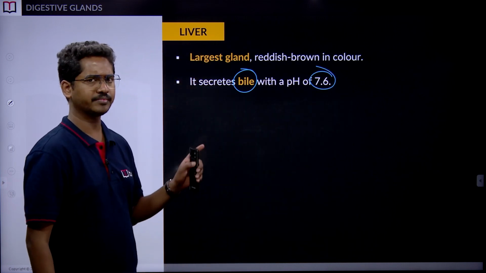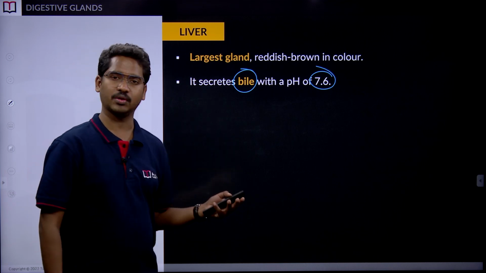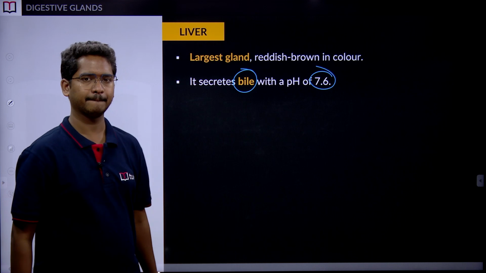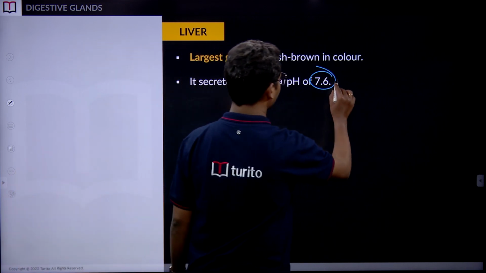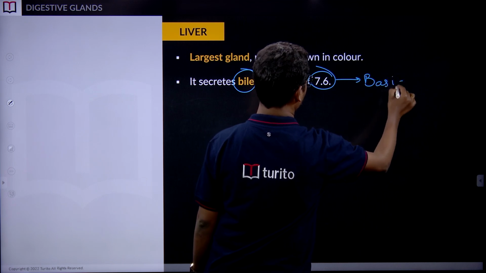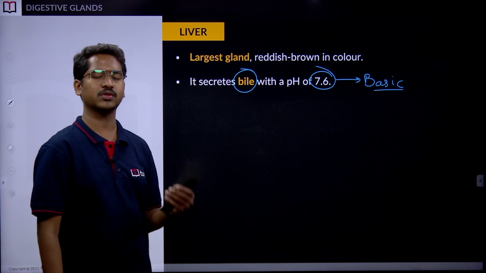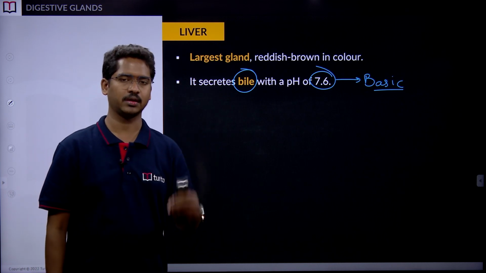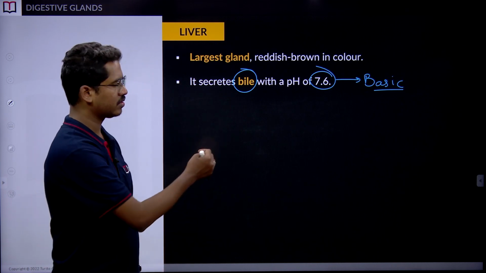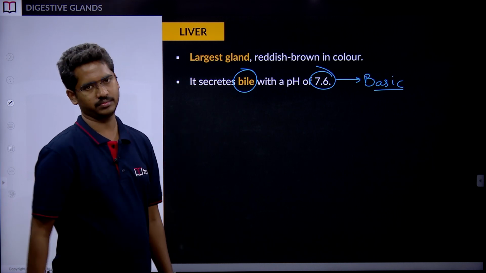What does this mean? If the pH is 7.6, the chemical nature of the bile juice is basic, because the pH is quite above the neutral value.